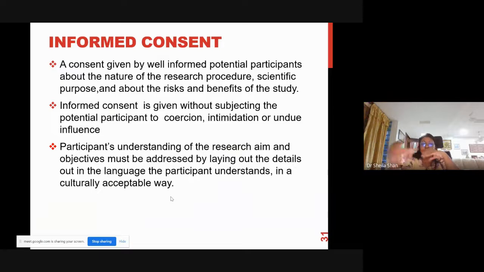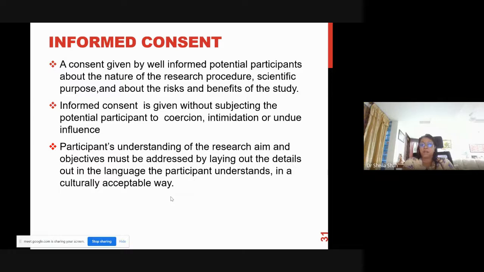Remember, whenever you take your patients as samples, you must always get the consent form from them. They must agree and they must know about the risks and the benefits of the study. And you must be very transparent.